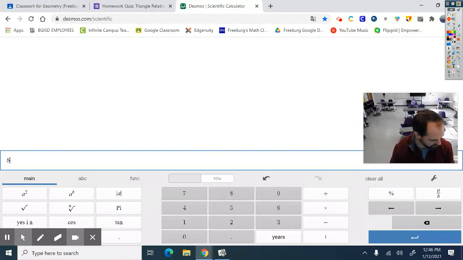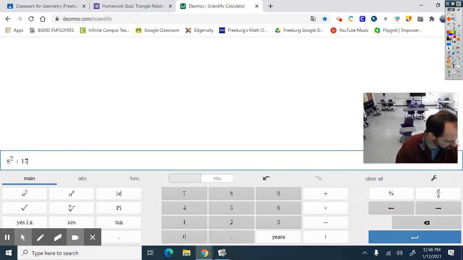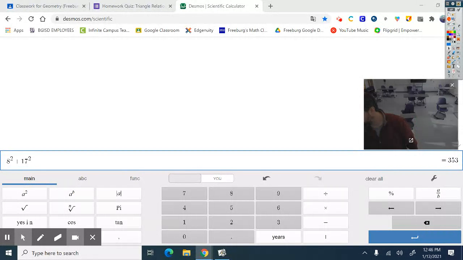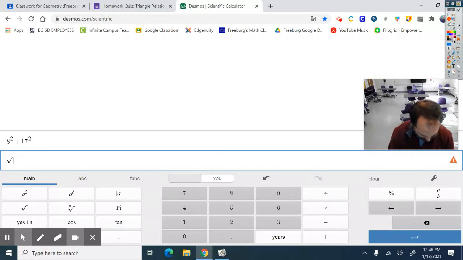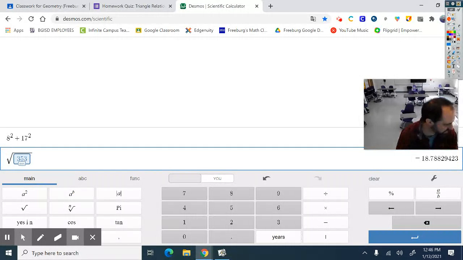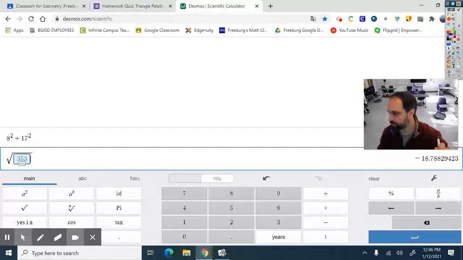We've got 8 squared plus 17 squared. Let's see how I do. 353. All right, so I was accurate to that point. And then let's take the square root of that number, which for my coders out there, you can just type in ANS. It'll pull up your answer. 353. Oh, it was pretty close. 18.8. Not bad.